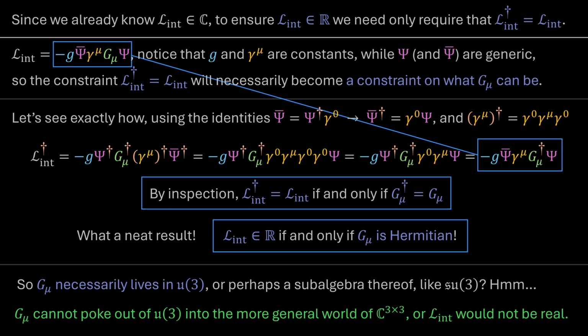Now we know that actually they are confined to at most the 9-dimensional space of Hermitian 3x3 matrices. Because if G mu were to poke out of that space, then our interaction term in the Lagrangian would be complex valued, that is to say, physically absurd. And so we're starting to box in the kind of thing that G mu has to be.